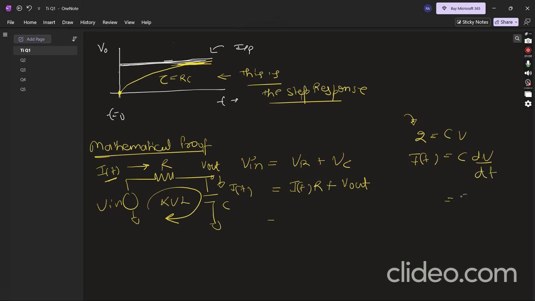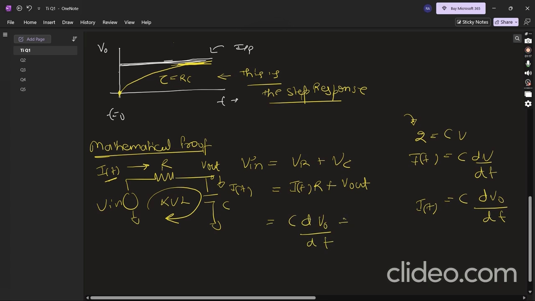We can also write it as V out. So IT is C dV out by dt, and this is the V in equation: V in equals RC dV out by dt plus V out.